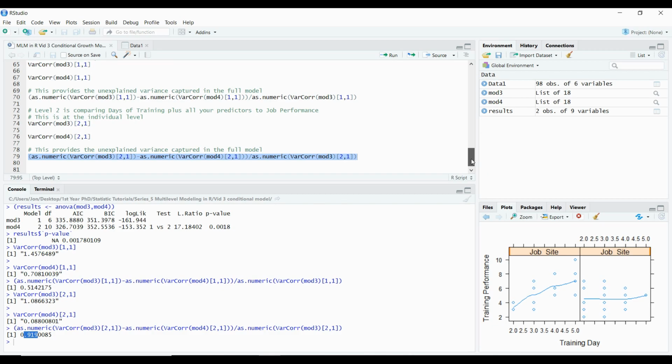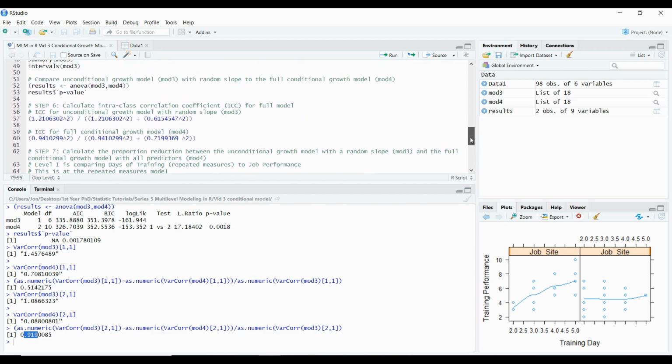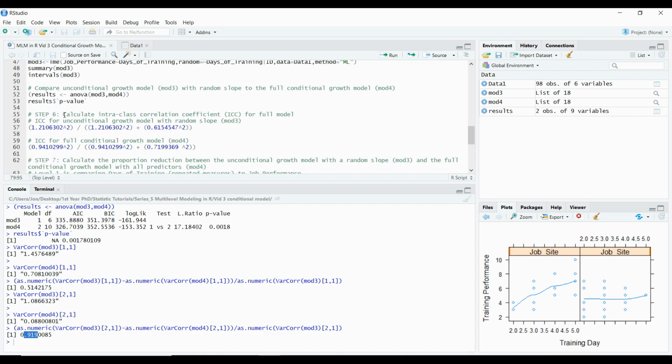One thing I wanted to do up above, which I sort of skipped, was looking at the intra-class correlation coefficients. Not really necessary once you have your full model and you can calculate that proportion reduction. But the reason I included it was to show that there might be certain predictors you have in your study, but it doesn't necessarily depict all the variance or clustering that could be taking place within your data.